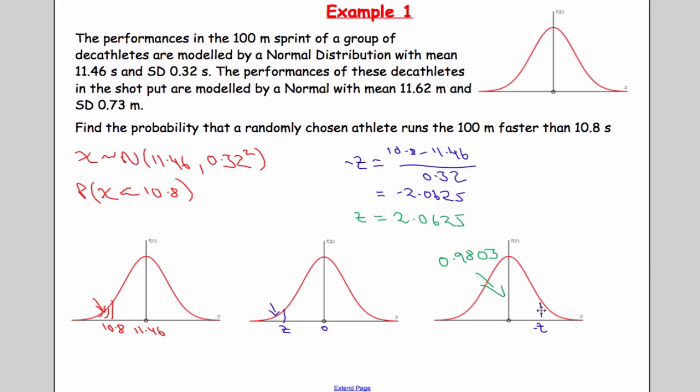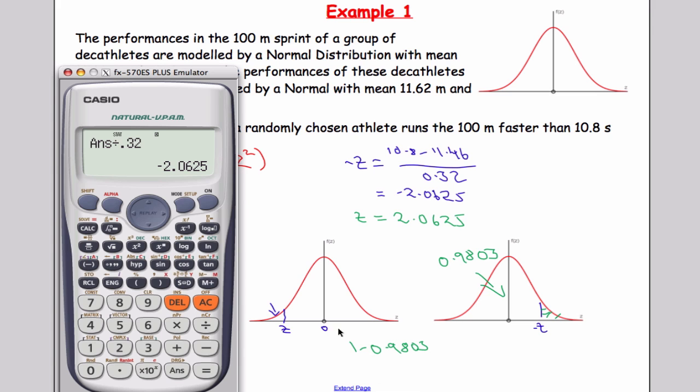So if I'm looking for this area here, I can subtract this value from 1, and that will be equivalent to what we were looking for. So I'm going to do 1 minus 0.9803, which gives me an answer of 0.0197.